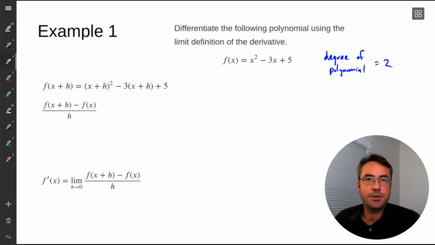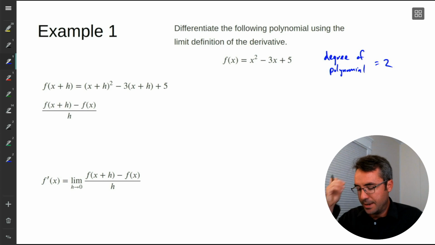Higher than that, you can do it, but the algebra becomes a little bit lengthy. The process is the same if you have a polynomial of degree 4 or 5. Just the multiplication is going to take a little bit longer.